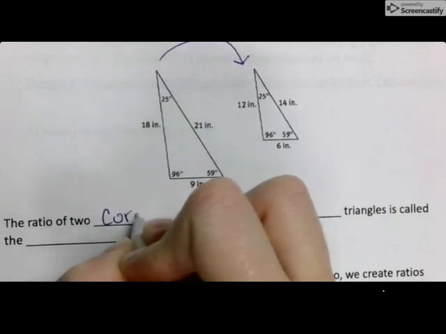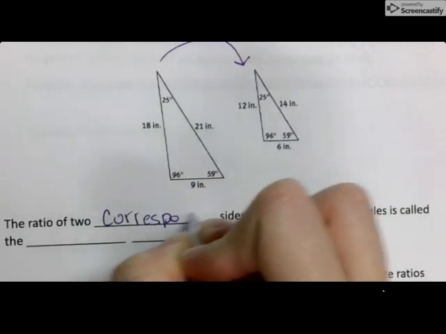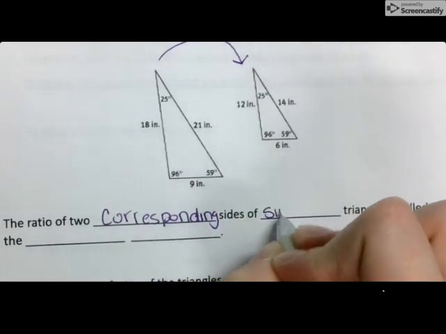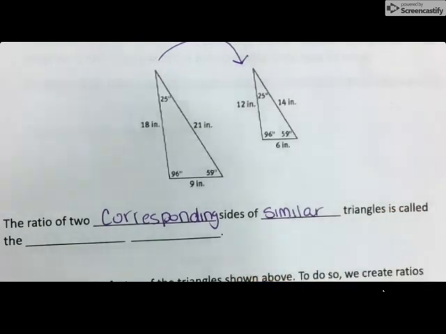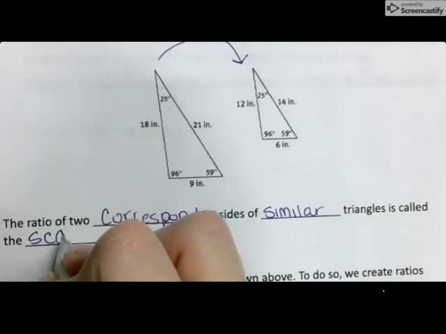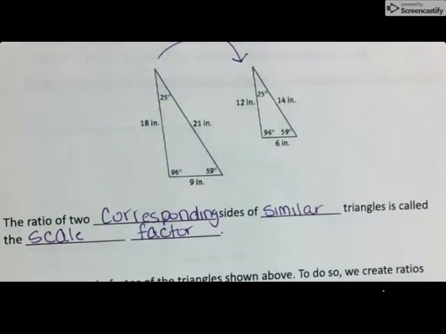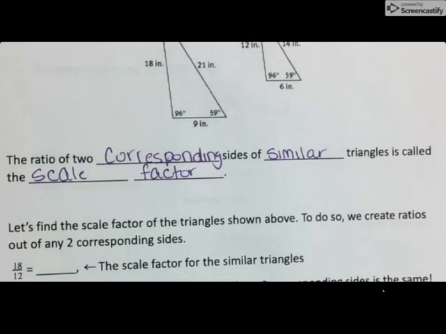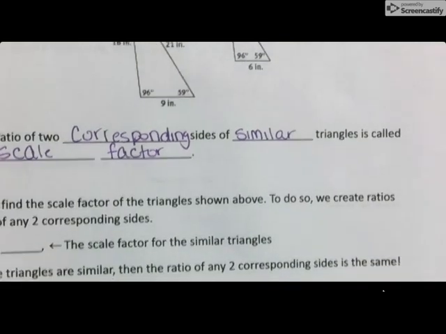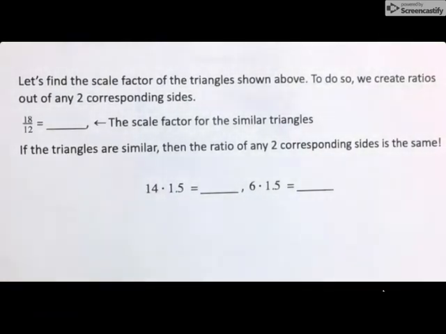So it says the ratio of two corresponding sides of similar triangles is called the scale factor. And that's exactly what we did last week with our dilations. Okay? These triangles are the same, they're just bigger or smaller. So if we find out the scale factor in this particular triangle, our new, apparently it's going the other way, is 18.